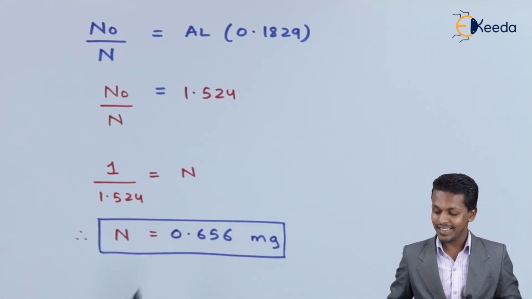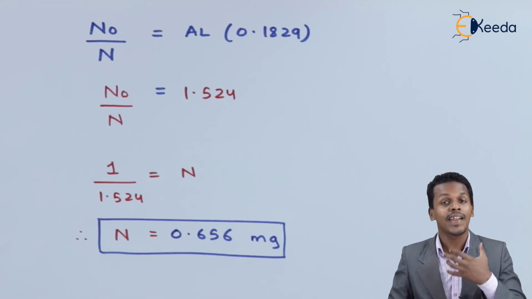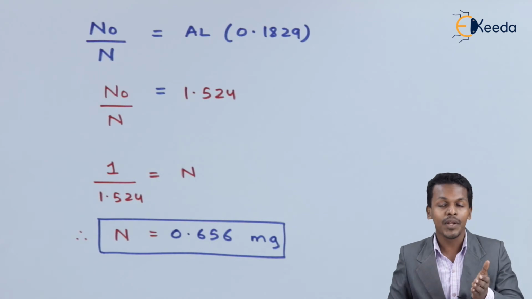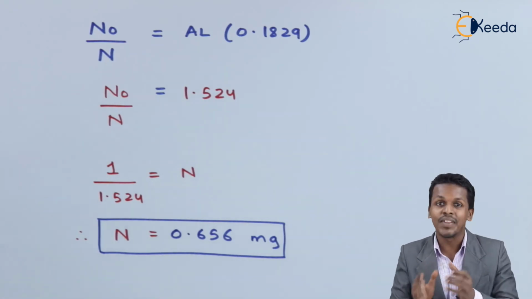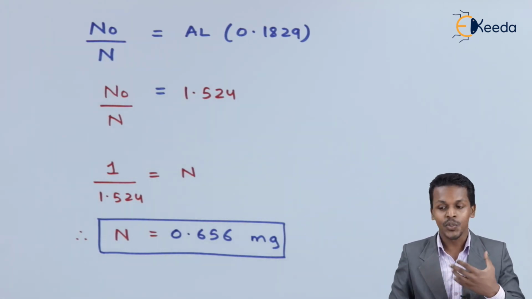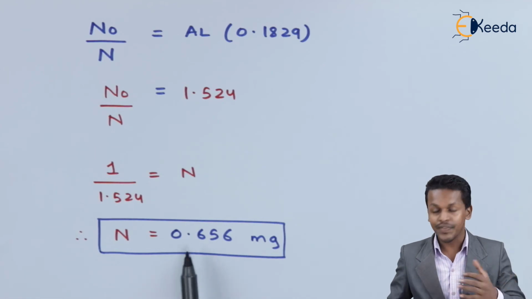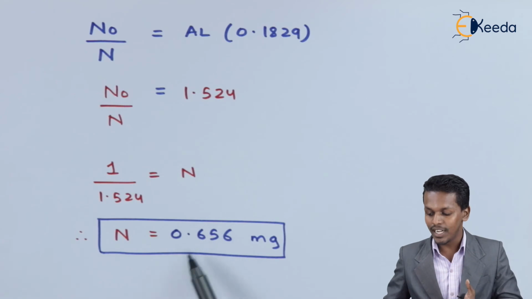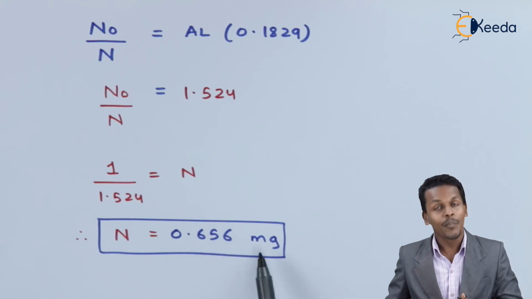But still this is not the complete answer, because they are asking how much amount has decayed from 1 milligram within the duration of 62 years. We found that within 62 years 1 milligram of polonium has decayed to 0.656 milligram.